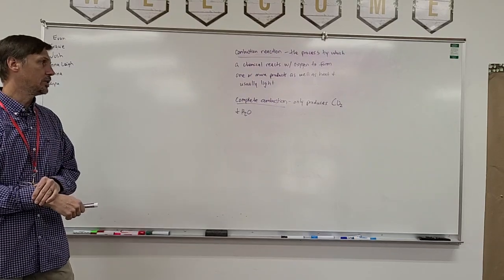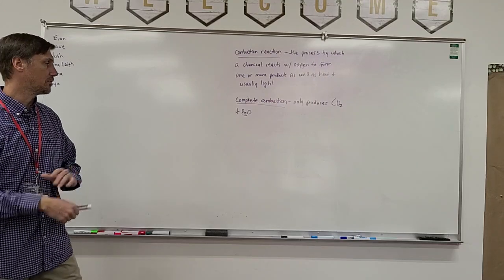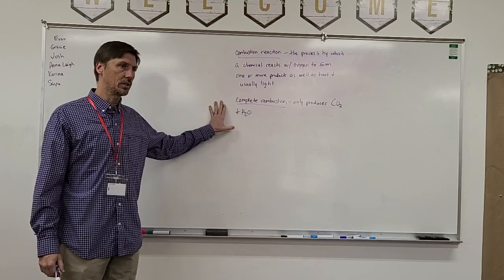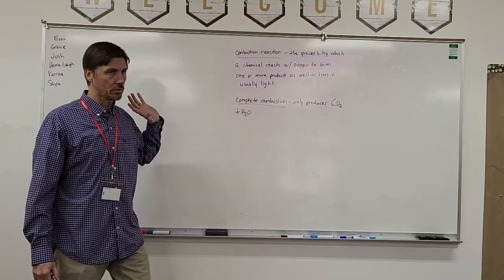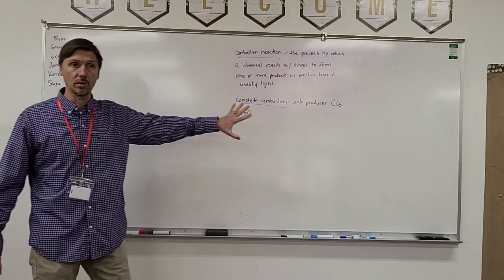There are some cases where you'll only make one of these, and we would still consider it to be complete combustion, but for the purpose of this class, we think of complete combustion as the only thing that we're going to have on the product side of our equation is just CO2 and H2O.